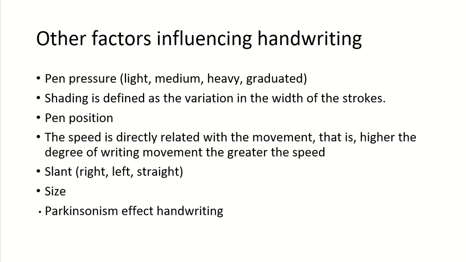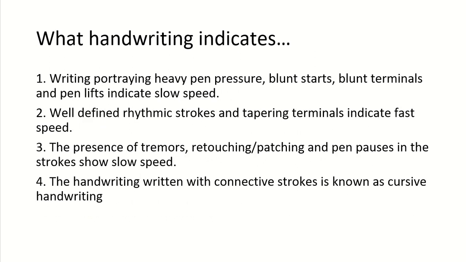Other factors influencing handwriting are pen pressure, shading, pen position, speed, slant, size, Parkinsonism. Now, what does handwriting indicate? If a writing portrays heavy pen pressure, blunt start, blunt terminal and pen lifts, it indicates slow speed of the writer.